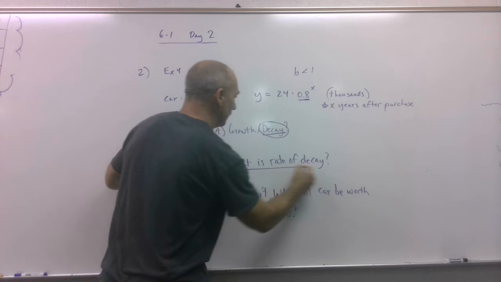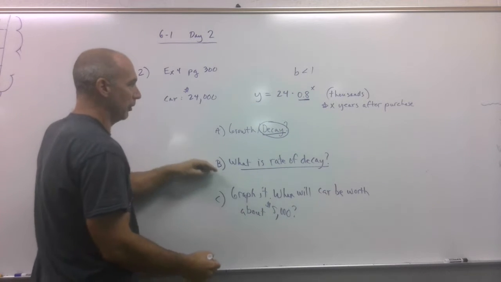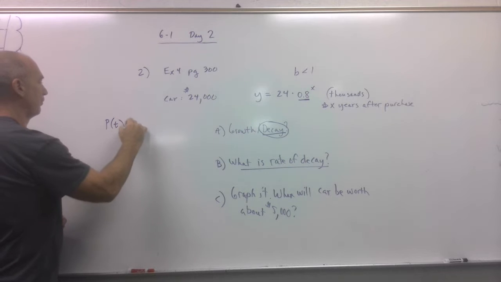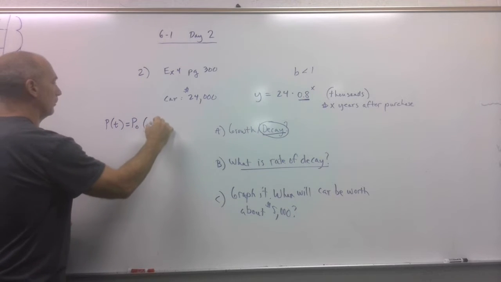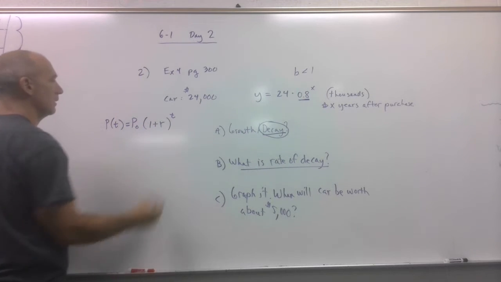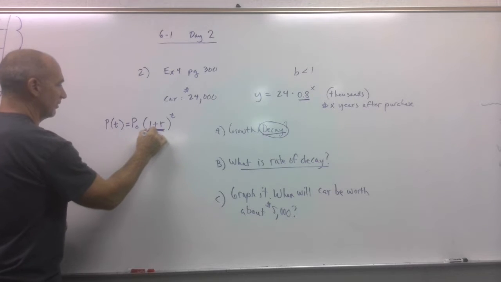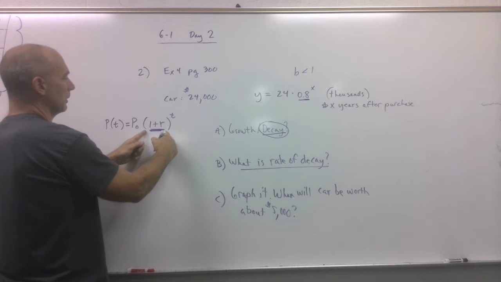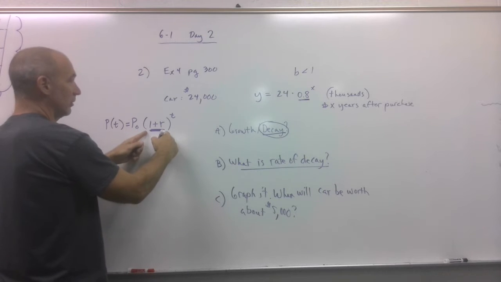Now, what is the rate of decay? Remember, from our formula, I should have put this up here, sorry: 1 plus R to the T. This is going to indicate whether our rate is an increase or decrease. We know it's a decrease.